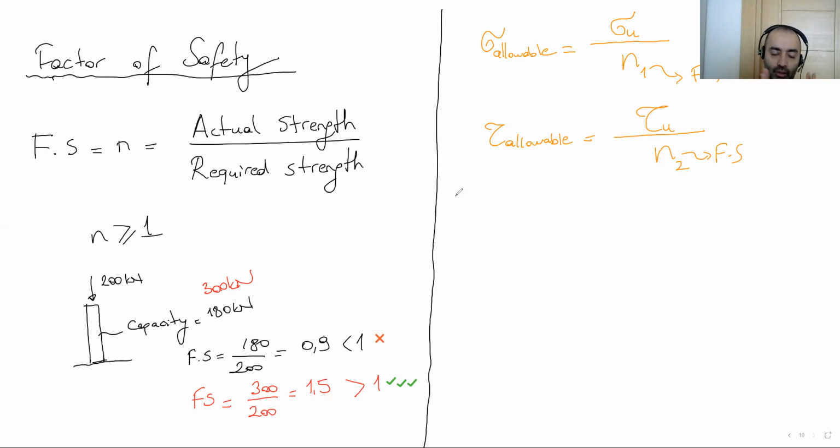Okay, keep this in your mind. In the next stage, you are going to see allowable stresses for sigma and tau many times. Now you know what the allowable stress is: ultimate stress over factor of safety.